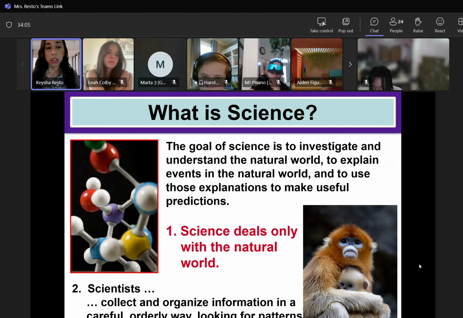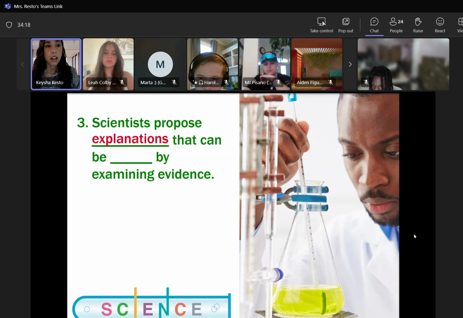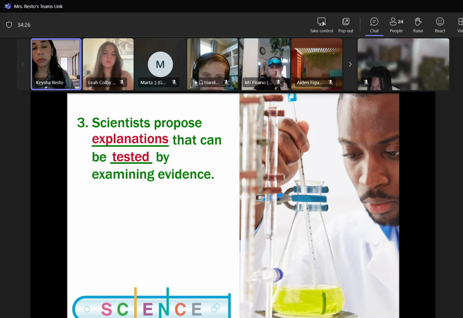So what scientists do is basically collect and organize information, look at patterns and look for connections between those events, and then come up with a conclusion. What they propose are explanations that you can test by running an experiment. And that's what you will be doing for your mini project.